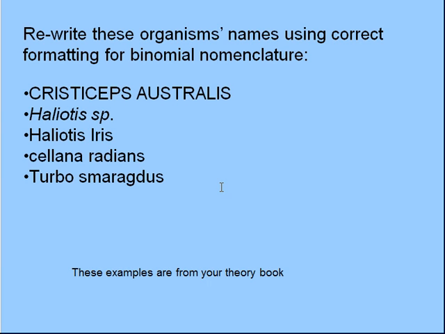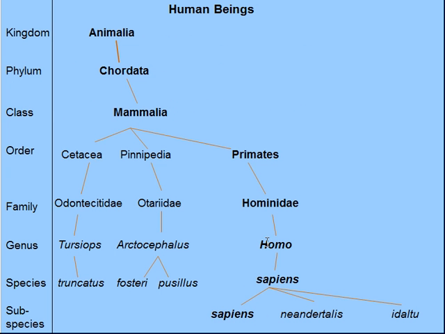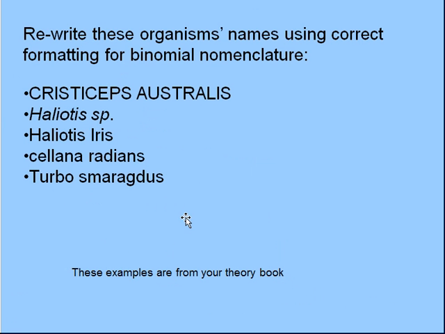Okay, so if we're going to say this, sp., SP stands for species. So Haliotis species, Haliotis would be our pāua. We've got two different species, Haliotis australis and Haliotis iris. So if you've only got one species and you're just going to refer to it as Haliotis species, you maybe know that it's a type of pāua, but you don't know which type. So you might have identified it down to the genus, but not the species.